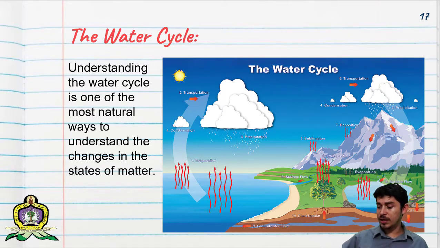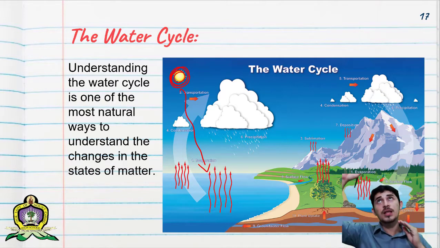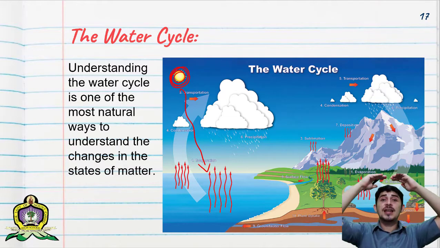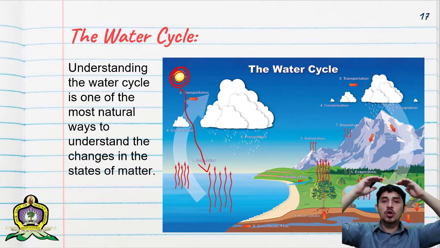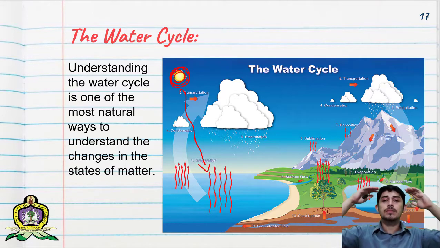So here we see that the sun is that yellow structure. It sends energy into the oceans, into the rivers, into lakes, into human beings, and that energy causes the water particles to vibrate faster. As they vibrate faster, they rise into the atmosphere until they reach a certain altitude, and at that altitude, the energies in the particles would have decreased.